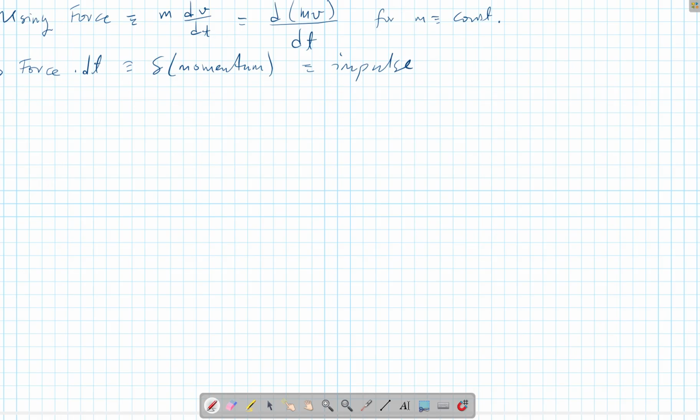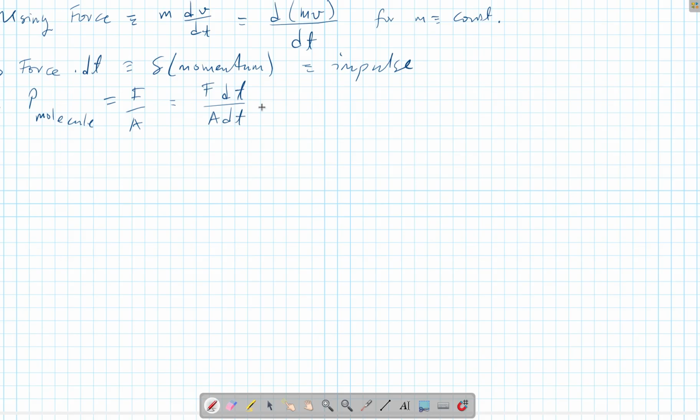Therefore, with this, we can compute the pressure due to a molecule. Let's say it is going to be F divided by A, and this is F dt divided by A dt.